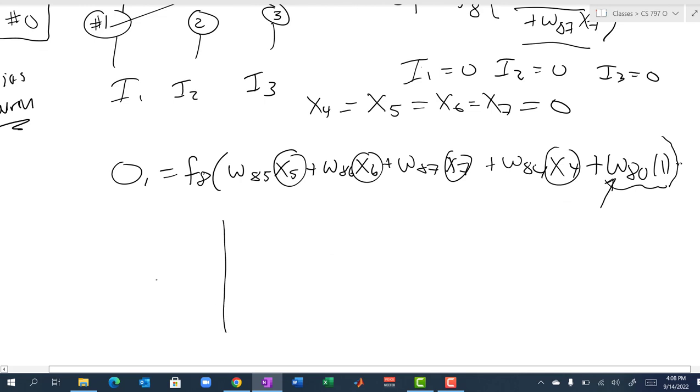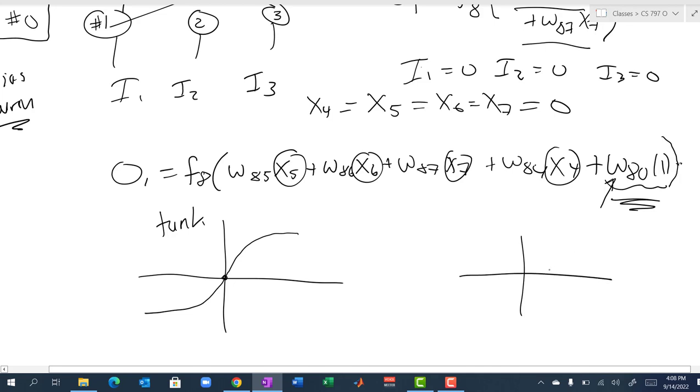Effectively, what that does is it shifts the activation function of that neuron. So let's say we have this tan-H. With a tan-H, you put in a 0, you get a 0 out. But if we add in this shift here, then it effectively creates a shift over to a value t, and then we get tan-H shifted over by that amount t, where t would be the shift that's adjusted by the bias neuron.